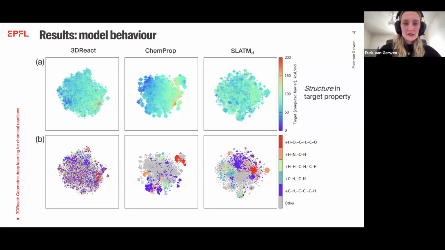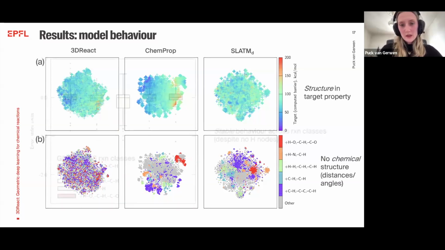So here you can see that in Chemprop, this chemical structure is very well represented. It clusters very clearly specific types of bond breaking and forming, whereas this is not the case at all for 3D-React, which is not very surprising because it's not using chemical structure, it's using just distances and angles to construct this latent representation. So it has a correlation with the target property, but not for the same reason as these chemical-based models.